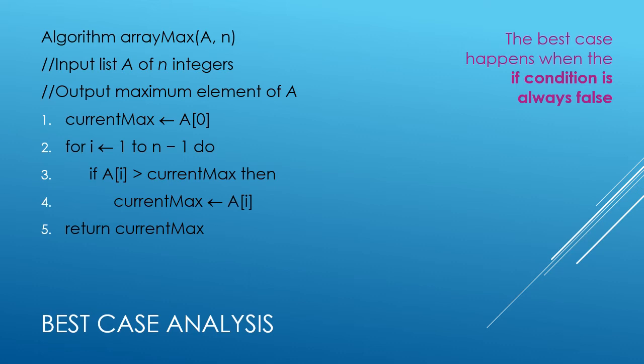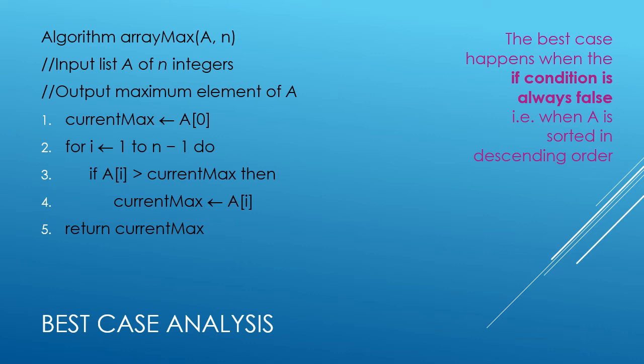Then you compare 17 with 9 and the if condition is false. Then you compare 17 with 7 and the if condition is false. Notice that in this example, the elements of A are in descending order. So this means that the best case happens when A is sorted in descending order.